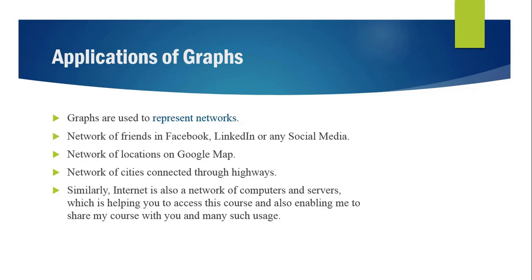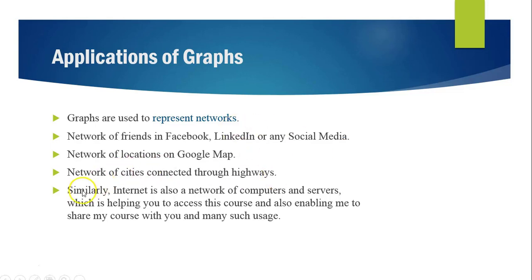Having understood graphs and their various types, let's explore their applications. Graphs are majorly used to represent some kind of networks, like a network of friends on Facebook, LinkedIn, or any other social media site for that matter. They are also used to represent the network of locations on Google Maps or similar navigation applications.